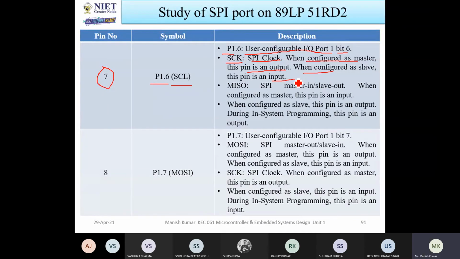When it is configured as MISO, then it is master in and slave out. What is the meaning? In that case, the master will behave as an input and slave will behave as an output. But if you are not configuring anything, then this pin is an output pin in default conditions.